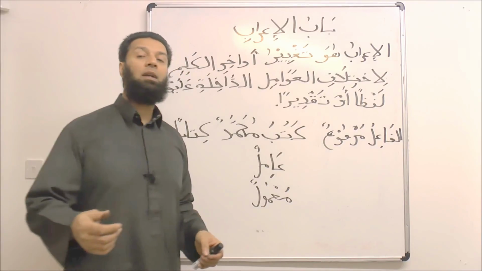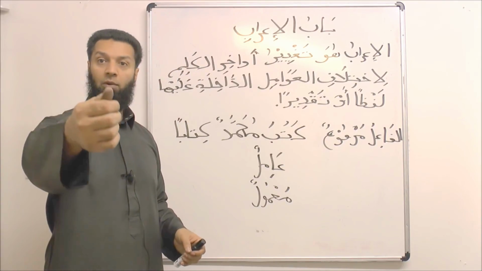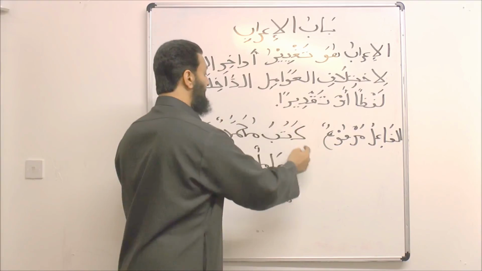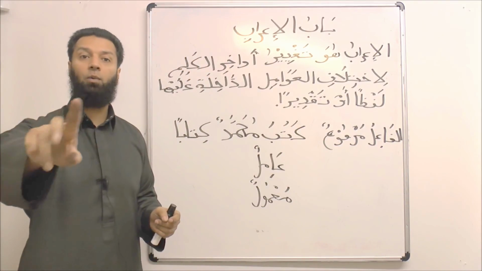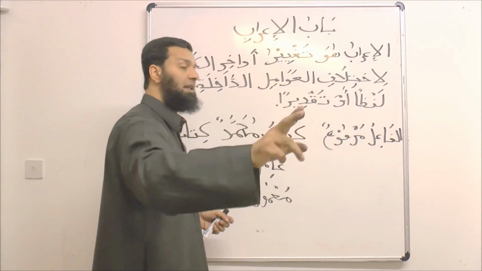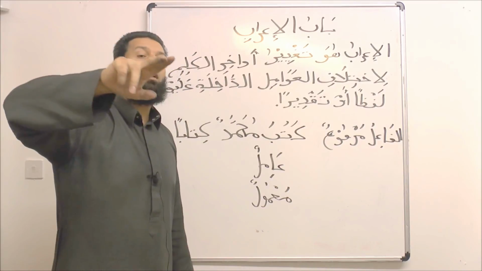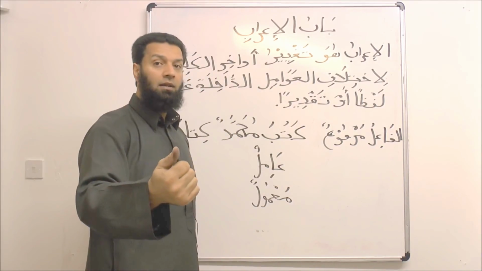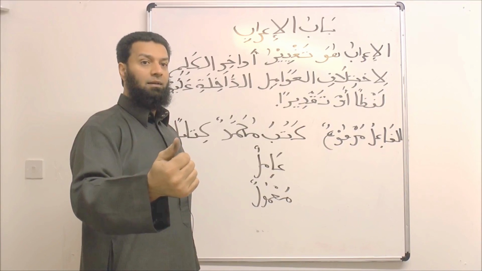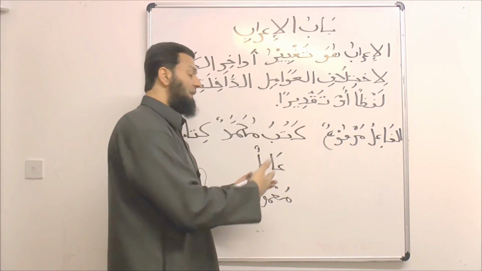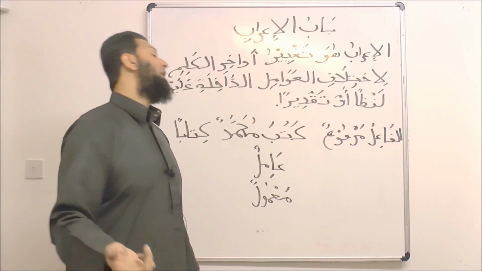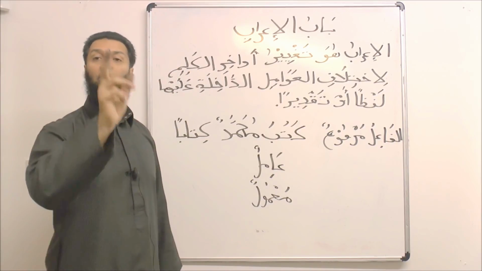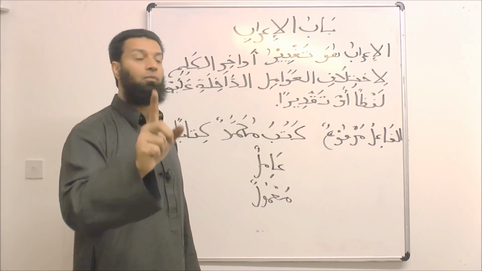Because kataba is a fi'lun. Therefore, this is al-jumlatul fi'liyatu, right? And al-jumlatul fi'liyatu comprises 2 parts that are required. The first is the fi'lun. The second is the fa'ilun. You must have a fi'lun and a fa'ilun.